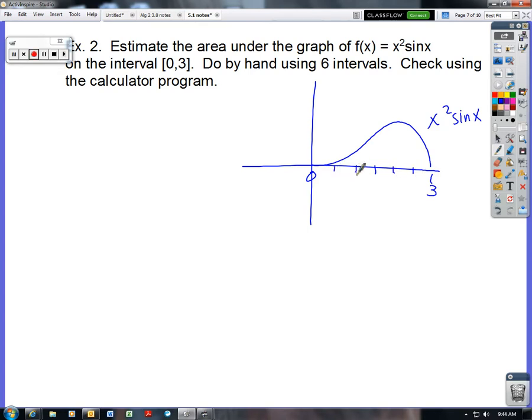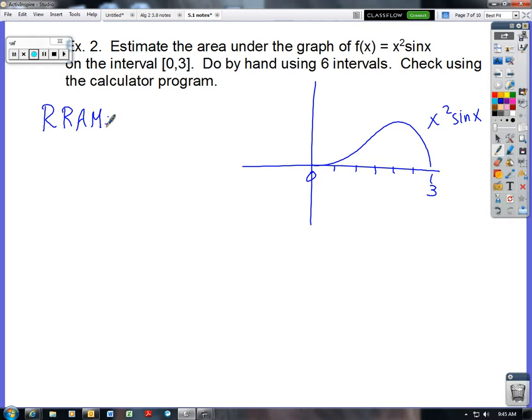Okay. And it doesn't say which type of rectangles, so we can choose. I'm just going to pick RRAM, just randomly. If you want extra practice, you can choose other ones, and there is a calculator program that hopefully you have, and then you could check your work.